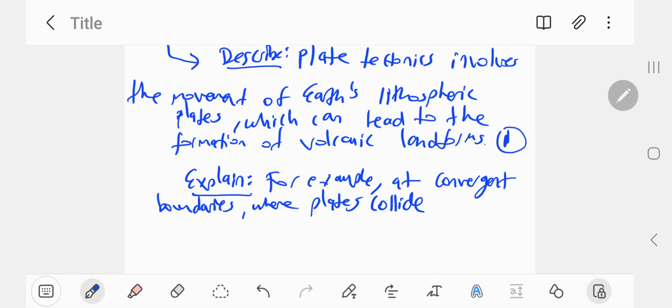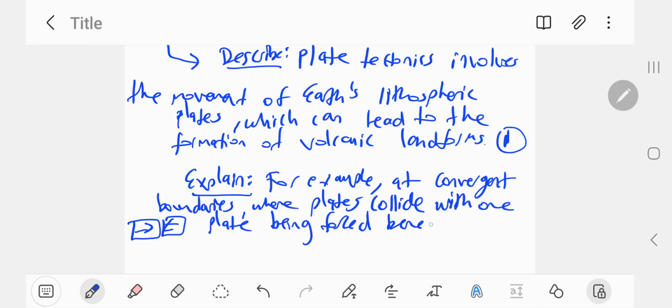So convergent boundaries, by definition, are when 2 tectonic plates moving in opposite directions collide, like this, one to the left, one to the right, with one plate being forced beneath the other, in brackets, subduction. Okay, the sinking of one plate beneath another.